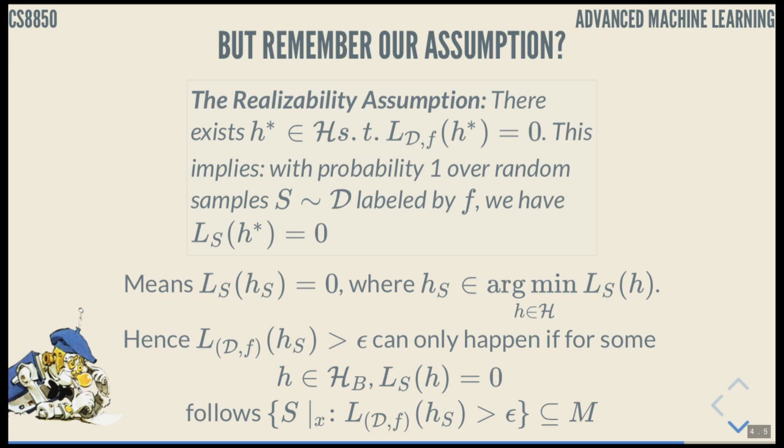That means the set of training samples, training tuples, for which true loss is greater than epsilon, is a subset of the misleading set. Let's go back and look at this again.